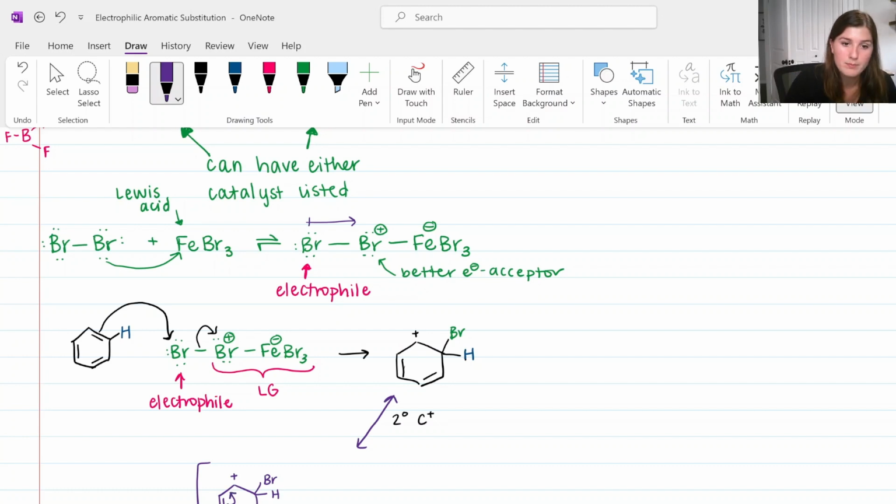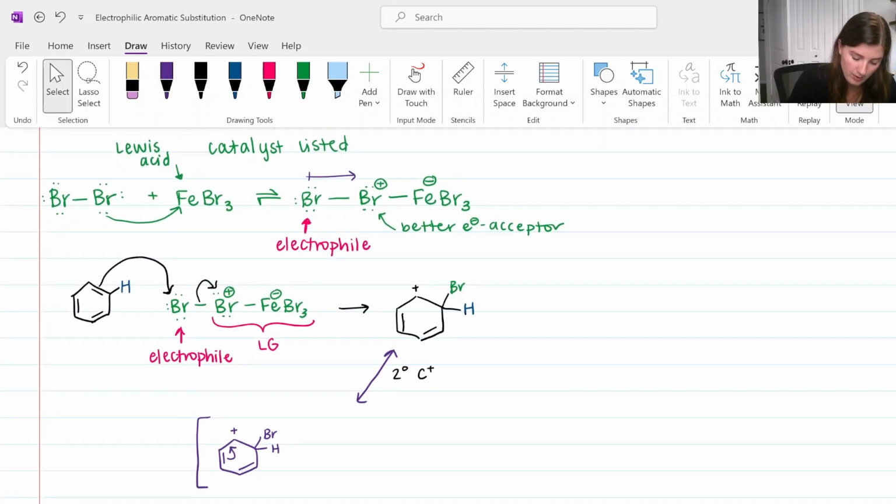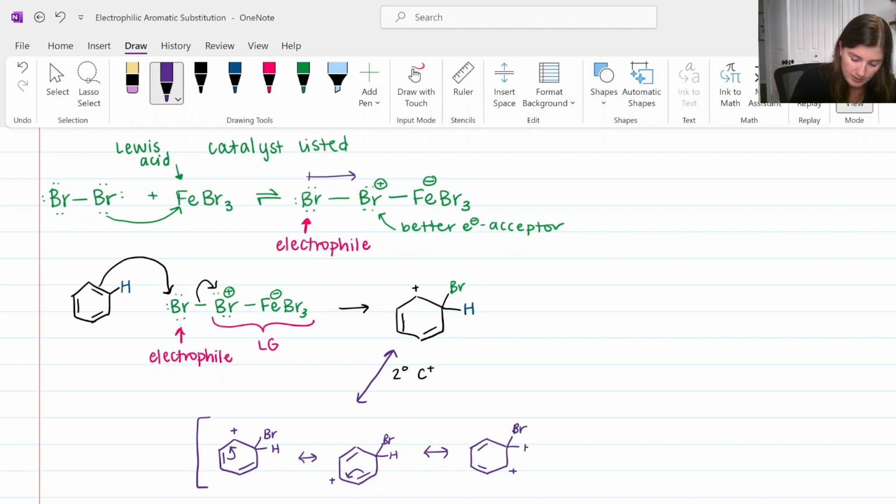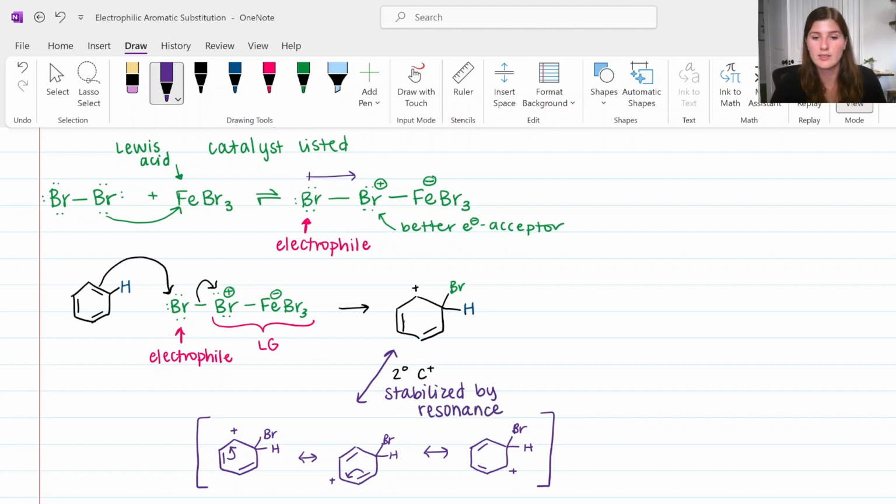We could move that pi bond to create a pi bond where the carbocation is, and that shifts our carbocation to be at this carbon. And then we could move that pi bond, and we have a carbocation at a different carbon. So although a secondary carbocation is relatively unstable, when we have this bonding pattern, the carbocation is stabilized by resonance.